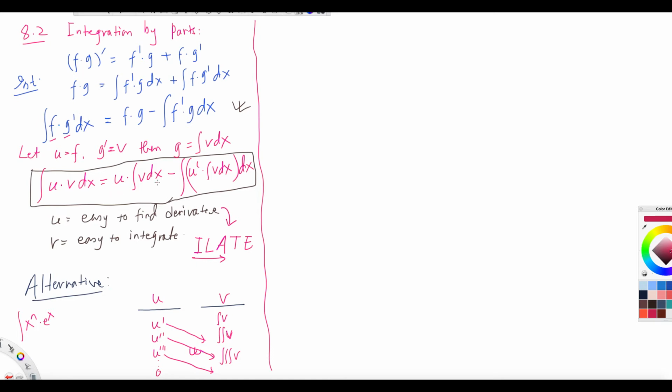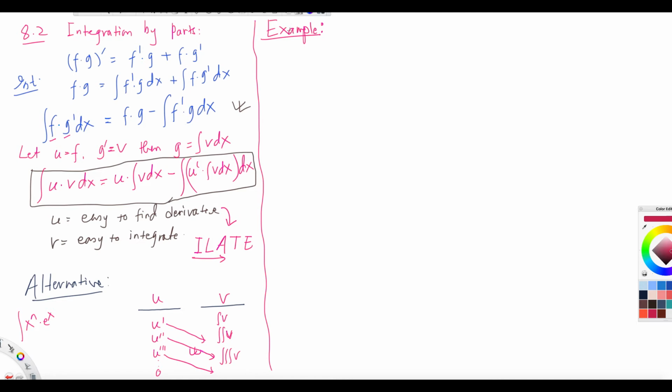So let me do some examples of finding integration by parts. Some integrals of products can be solved using the substitution method. You guys know that already, right? But you can use integration by parts as well, no problem.